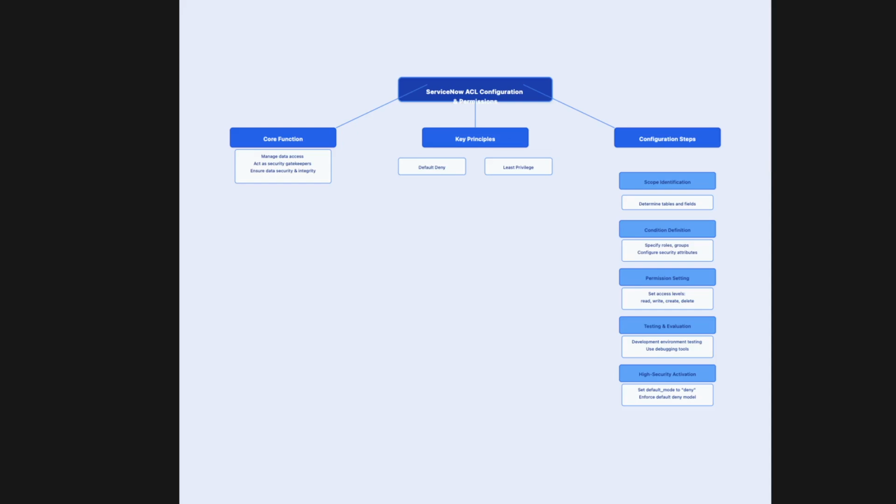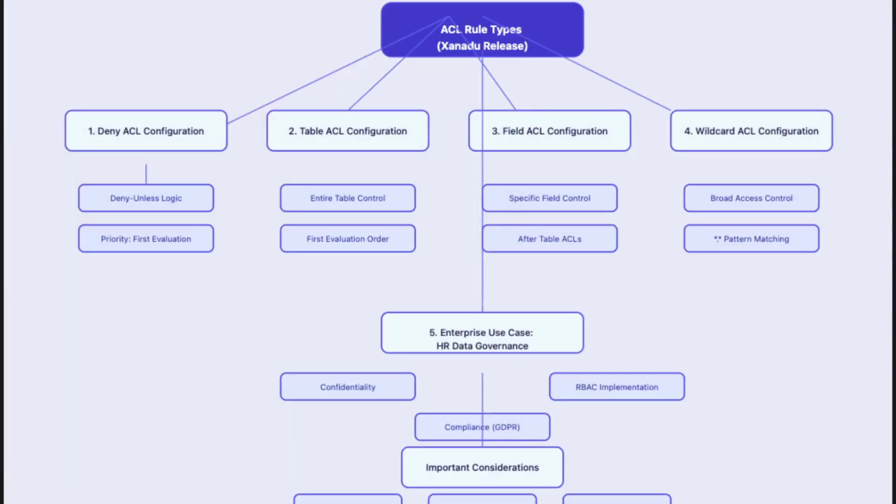The other one is very important, which is to start with the ACL rule types, which are the deny ACL configuration, and then second the table ACL configuration, and then third the field ACL, and fourth the wildcard ACL configurations.